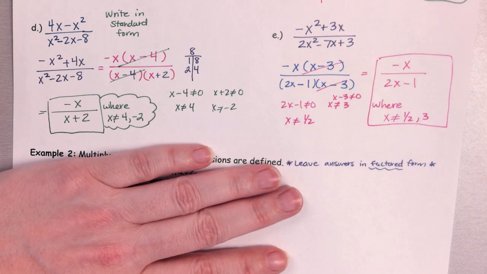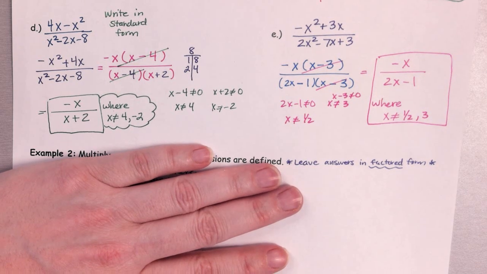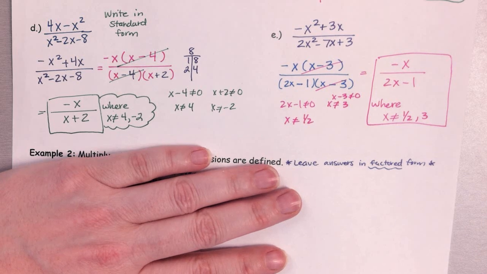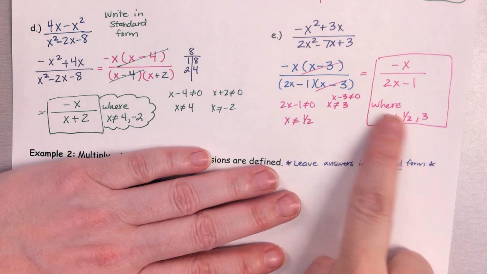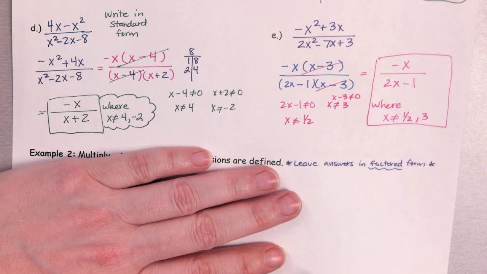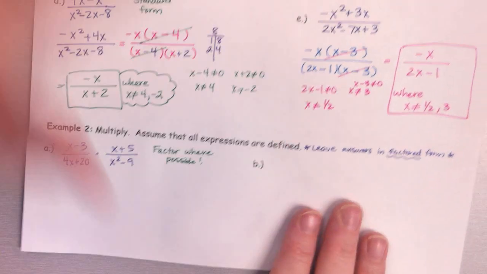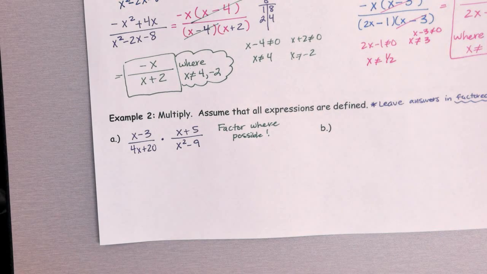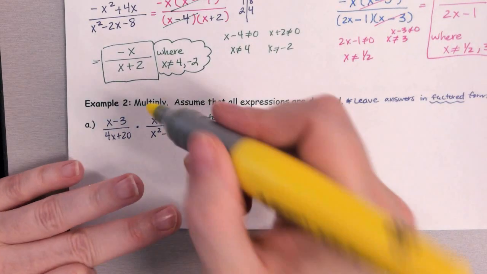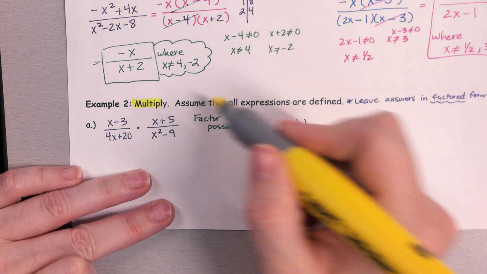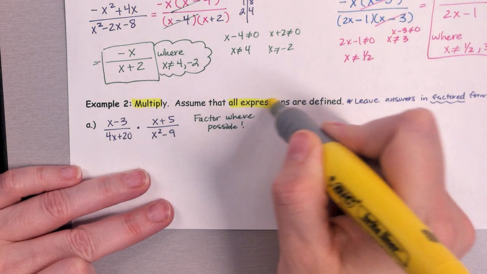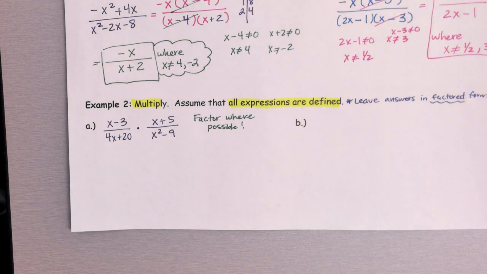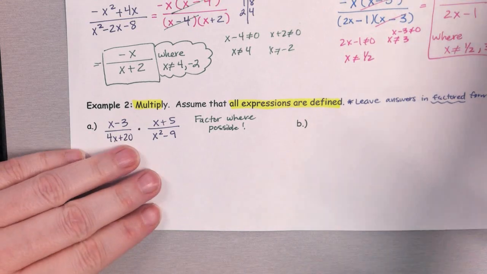Then the next few parts, there's going to be a part of the direction that you'll like, because we won't have to do this, where you have to identify the restrictions. So example 2 says to multiply and assume that all expressions are defined. When you assume that all expressions are defined, you don't have to say what x can't be, okay?